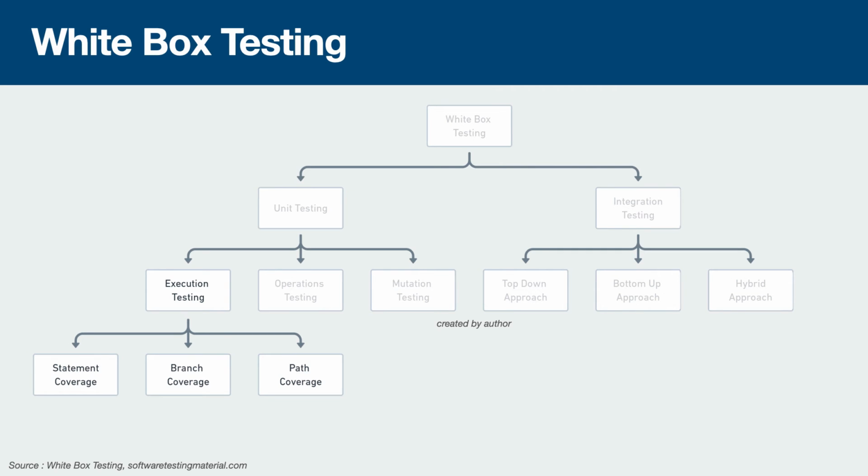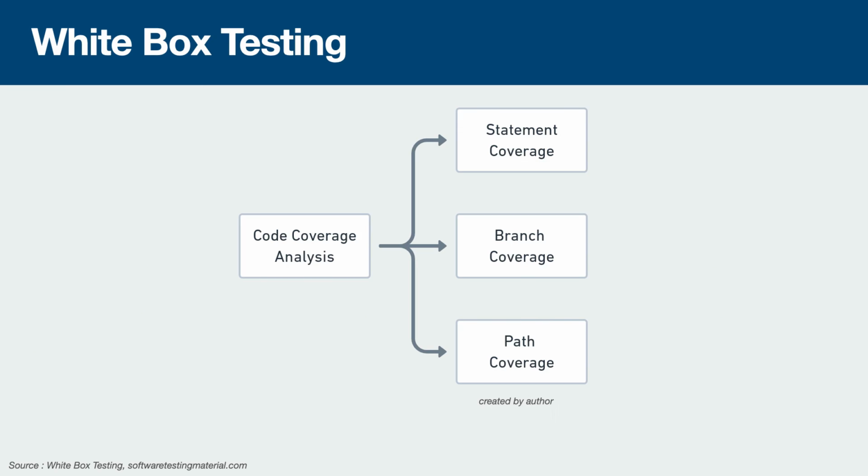Today, we are going to focus mainly on the execution testing part, which encompasses the three main white box testing techniques, namely statement coverage, branch coverage, and path coverage. Statement coverage, branch coverage, and path coverage constitute a major part of white box testing technique and are used for code coverage analysis in a program or software.